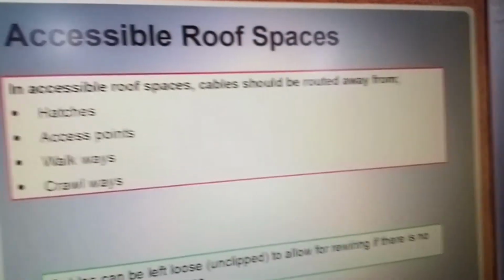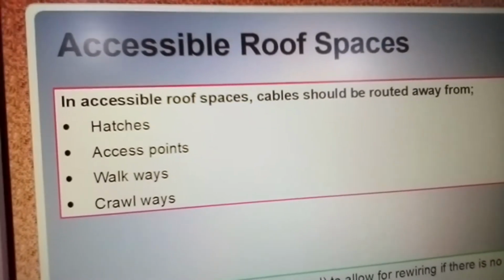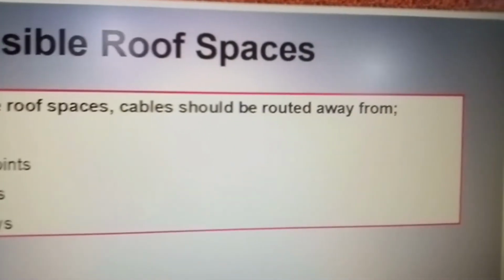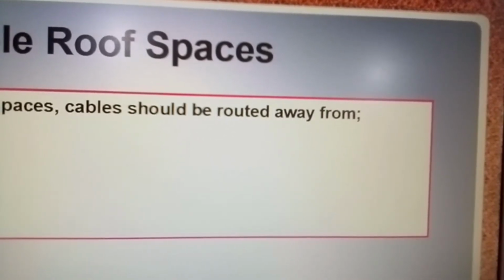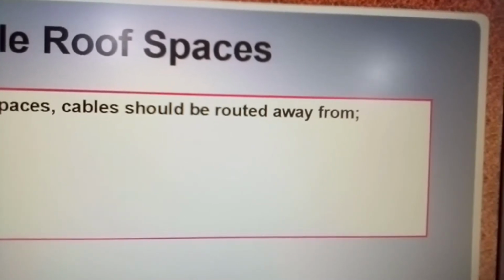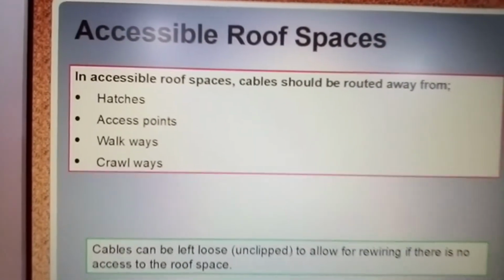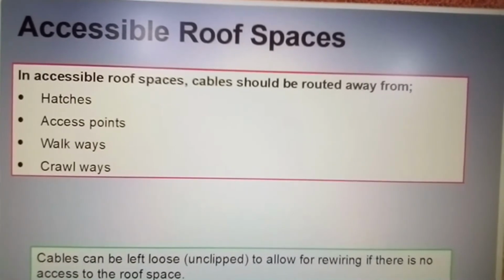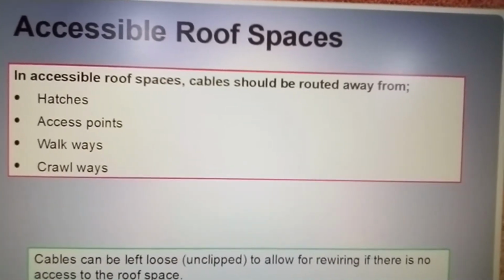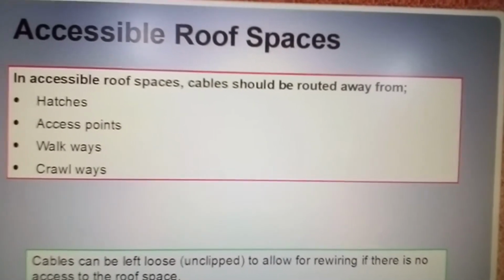Accessible roof space. Now in inaccessible roof spaces, cables should be routed away from hatches, access points, walkways, crawlways, etc. Cables can be left loose, unclipped to allow for rewiring if there is no access to the roof space.